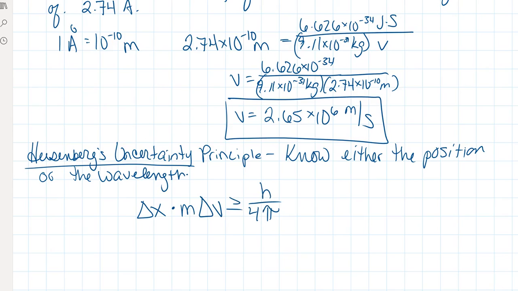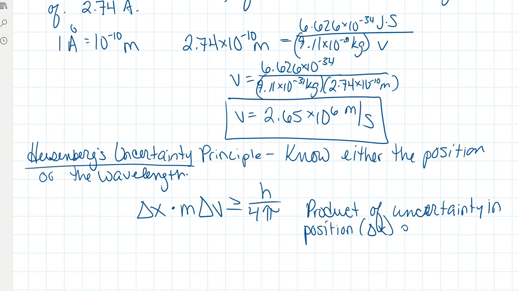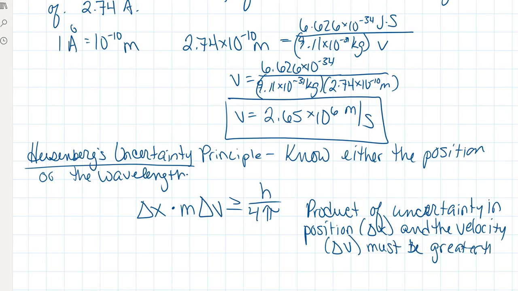And so what this says is that the product of the uncertainty in position, in this case the delta x, and the velocity must be greater than or equal to a finite number. And this finite number took a lot of work to figure out. In this case, it's Planck's constant over 4 pi.